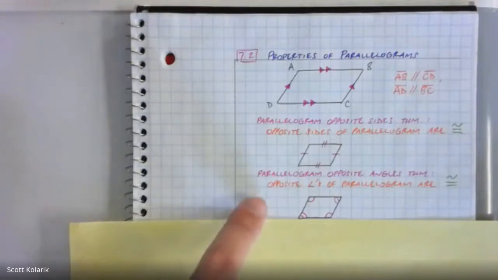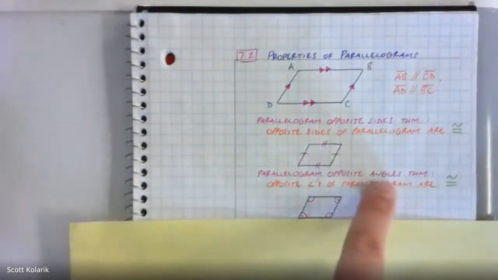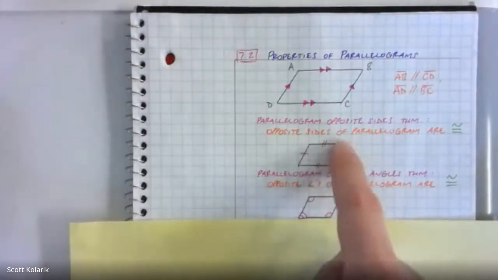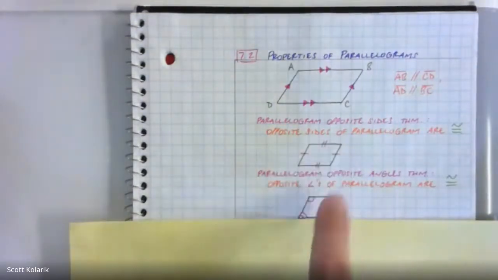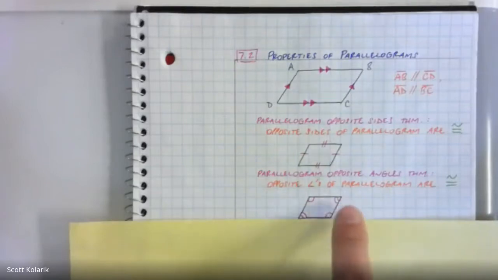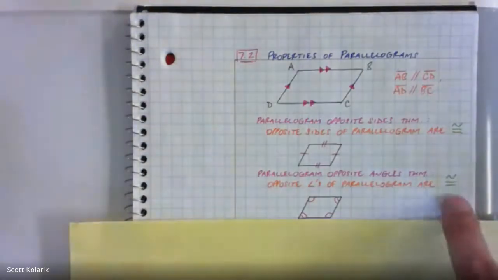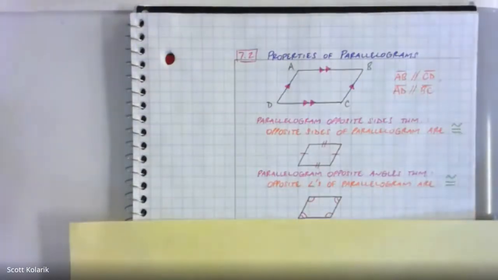Similarly, we get the second theorem right here dealing with opposite angles. So not only will opposite sides have to have the same side length, but opposite angles, or diagonal angles, will also have to have the same measurement in degrees. Again, using that term congruent.